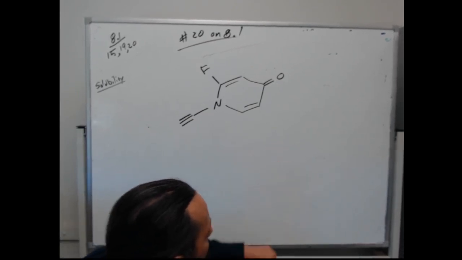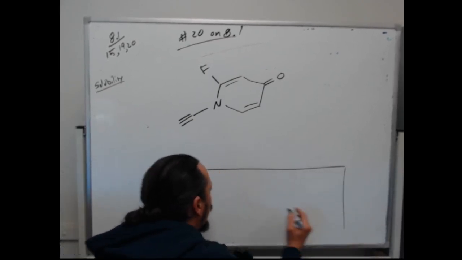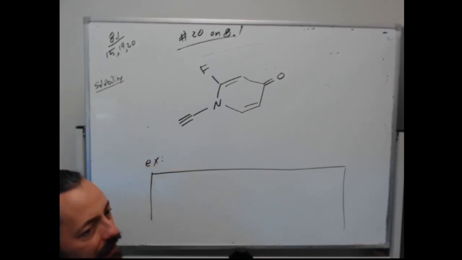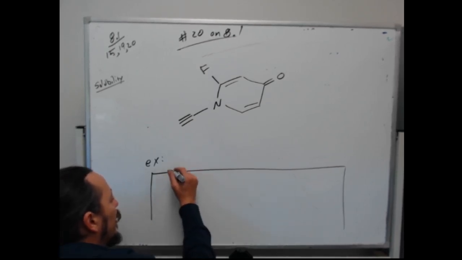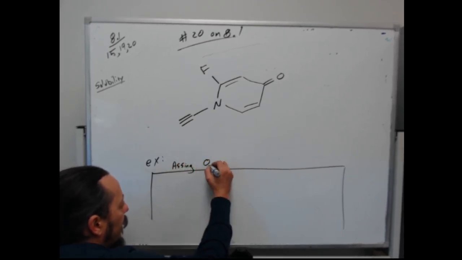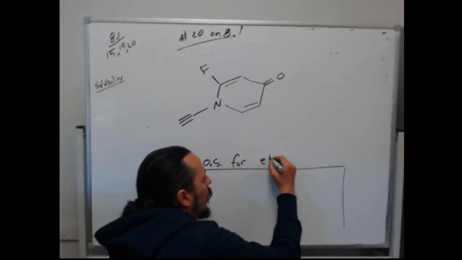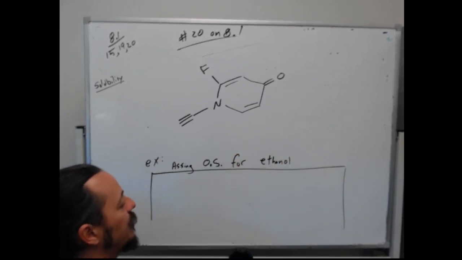Sure. So to think about this, I'm going to do a little side problem that's easier first. Again, I thought a lot of you got this in Chem 124, so it's okay if you didn't. But essentially we're going to assign oxidation states for ethanol.